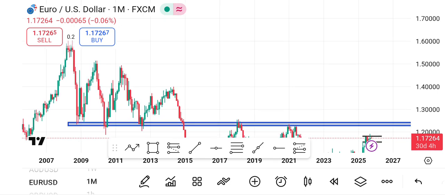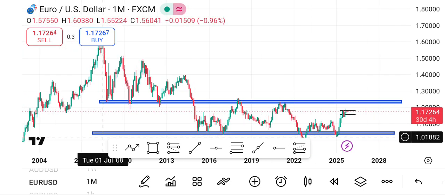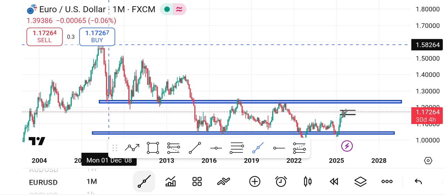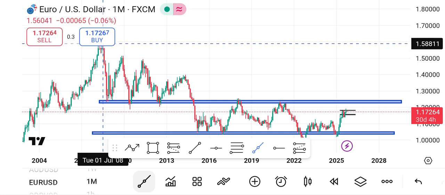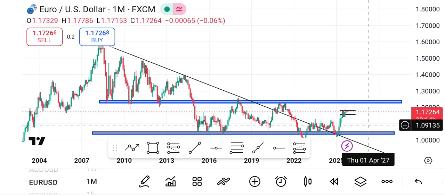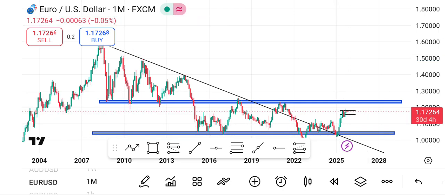You can see back here, I think this was about 2008. If we place this trend line, price has broken it and has retested down here. That was earlier this year, like in January.